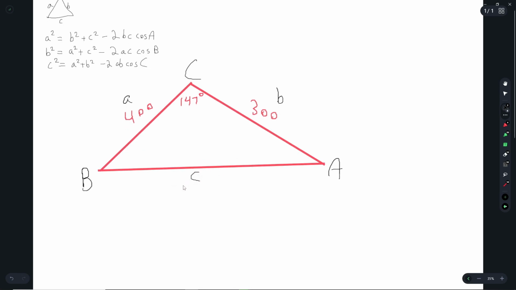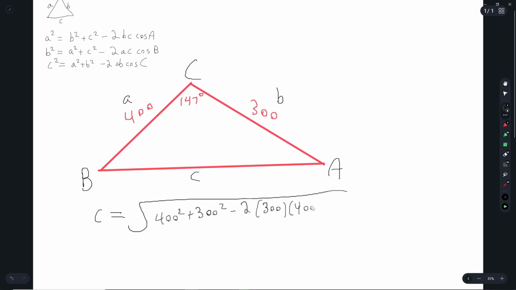So we want to find small c, so c squared, or we can just do c equal to radical the whole thing. Instead of writing this like this, we can radical this side and radical this side. So that's what I will do. So radical 400 squared plus 300 squared minus 2 times 300 times 400 cosine the angle opposite to it, so 147.